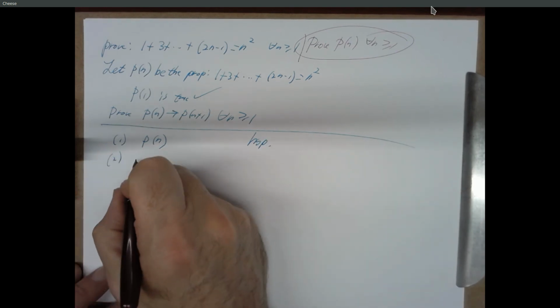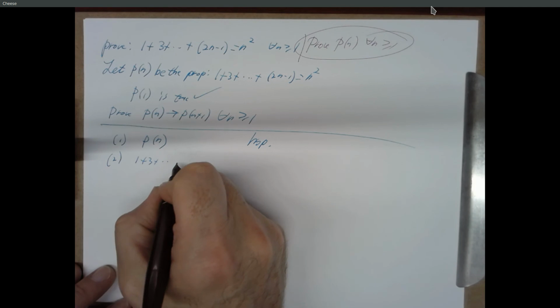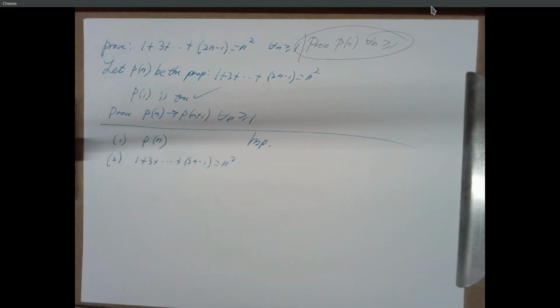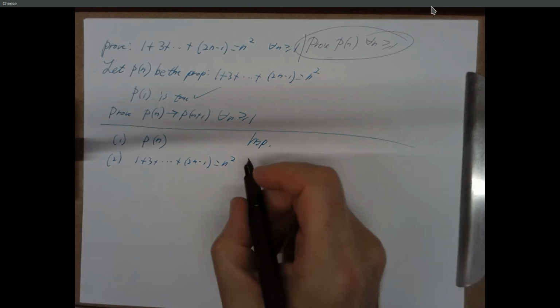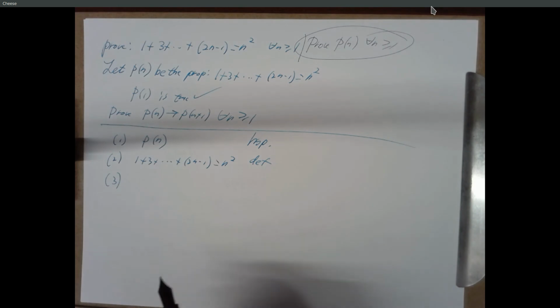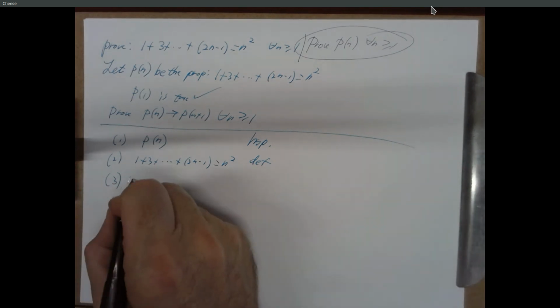Step 2, what does P of n say? 1 plus 3 plus ... plus 2n minus 1 equals n squared. That's the definition of P of n. And I'm just going to add 2n plus 1 to both sides.